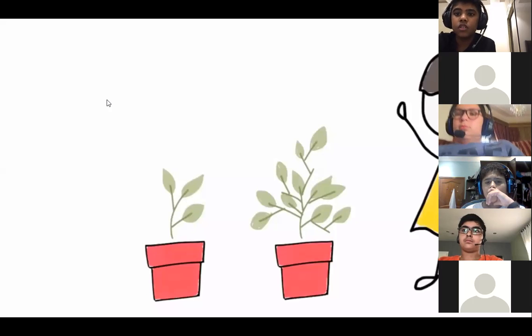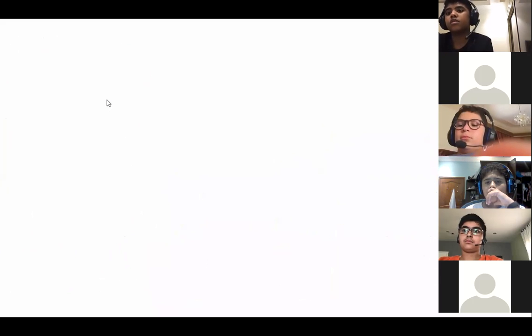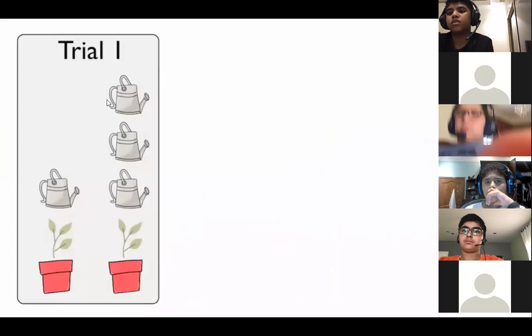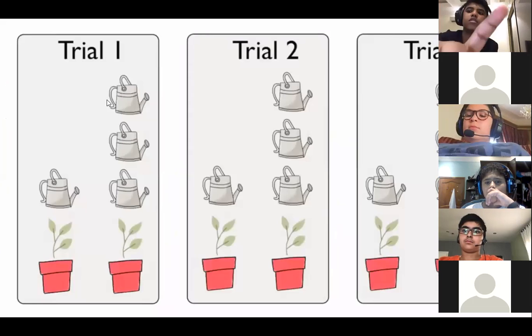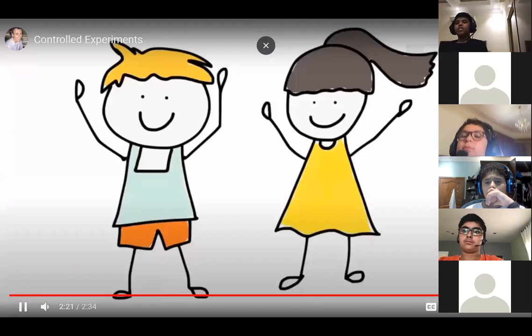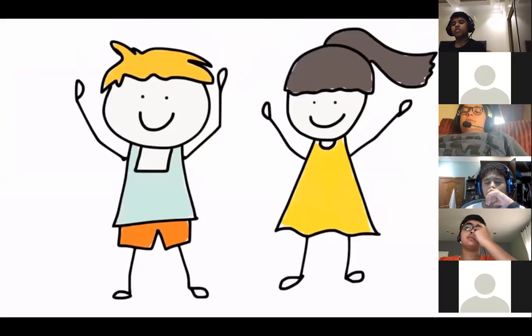Given equal amounts of sunlight, we see that the plant responded better to Molly's amount of water. To ensure accuracy of the experiment, Mark and Molly could repeat this a few times just to make sure they didn't make any mistakes. Controlled experiments are used in science all the time. Just remember to keep everything constant except one variable. Controlled experiments.